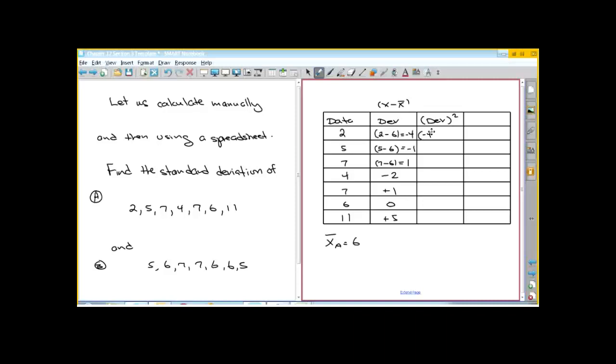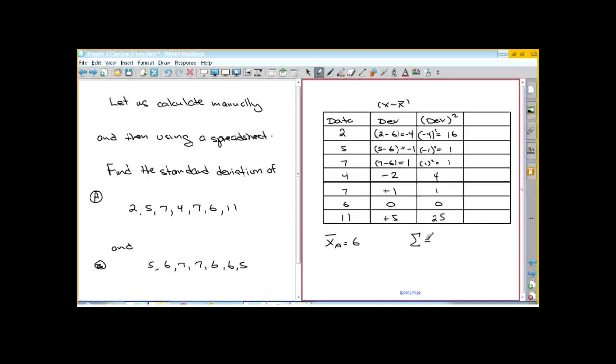The next thing is I square the deviation. So I take the number in the second column and I square them. So I'll get -4 squared, which is positive 16. Here I'll get -1 squared, which is positive 1. And I'll get 1 squared, which is positive 1. And then I can just do the rest. So this is -2 squared is 4, 1 squared is 1, 0 squared is 0, 5 squared is 25.